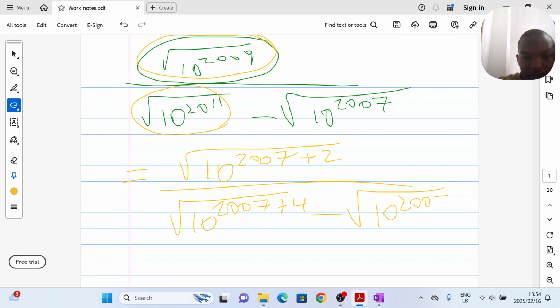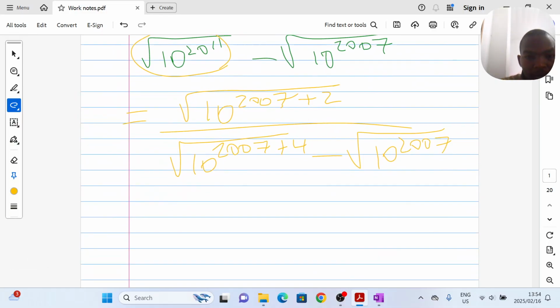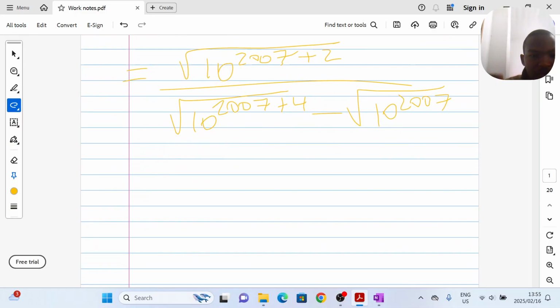Once we have that, you know that when multiplying powers of the same base, we add exponents, and when dividing powers of the same base, we subtract exponents. Here we have the addition there, so we want to split that.